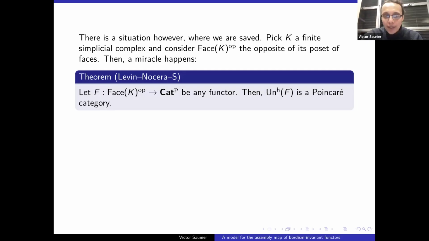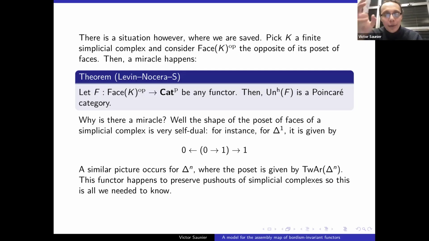So what is happening there? It's because the shape of this poset of faces is extremely self-dual, right? One of the things that didn't work for delta 1 was that there was no way to somehow dualize the thing in a nice manner, but for posets of faces of simplicial complexes there is. So for instance, the simplicial complex delta 1, which has 2 points and 1 arrow, its poset of faces is the twisted arrow of delta 1.